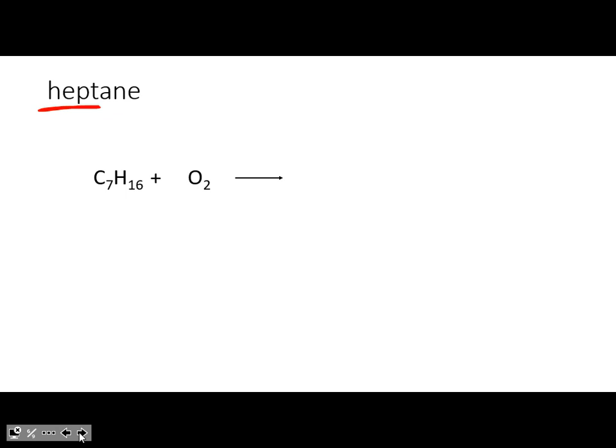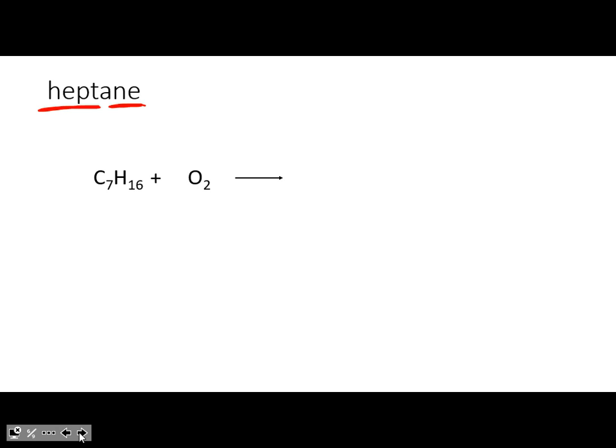When we did our molecular model kits where we were building different compounds, the ane ending told us that those were all single bonds. So heptane tells us that I have 7 carbons right here, and it is all single bonded together. Just a little bit of hydrocarbon learning here.